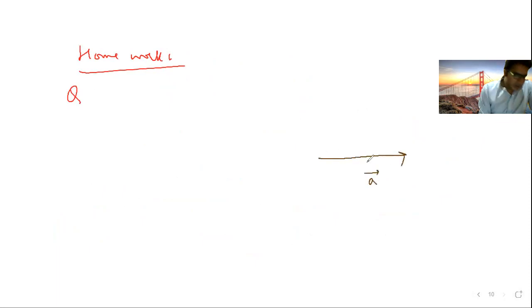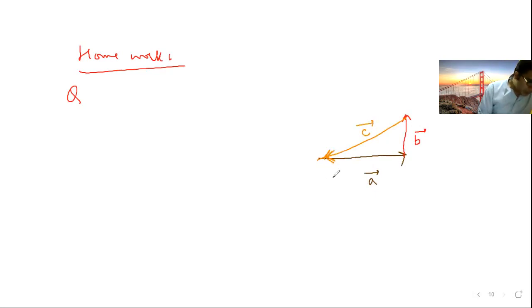This is my vector A. Then I have vector B. Then I have vector C. Right?